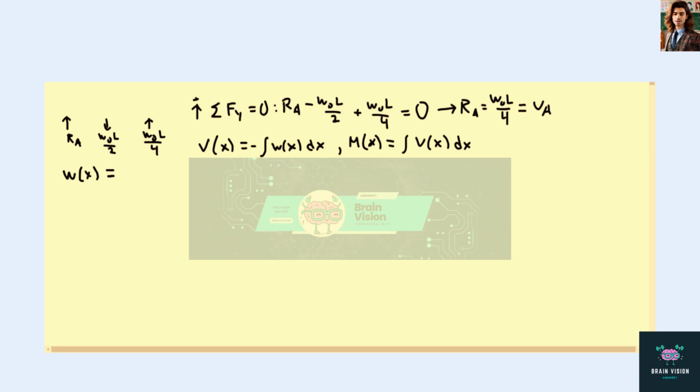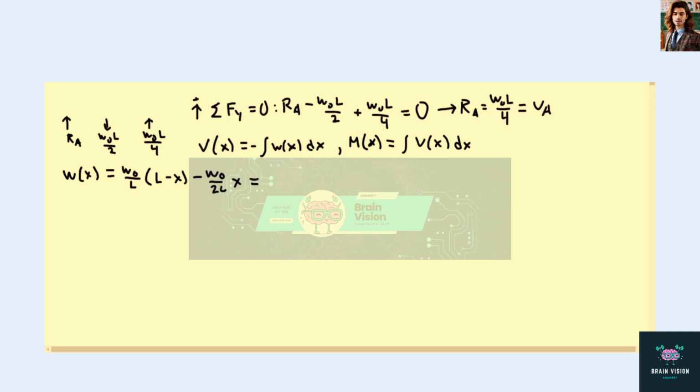Now we can combine these two linearly varying distributed loads into one. So the first we'll write as W0 over L times L minus x, so that's this left resultant. And we'll subtract from that a W0 over 2L times x.